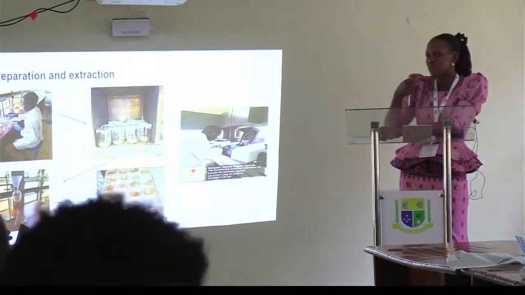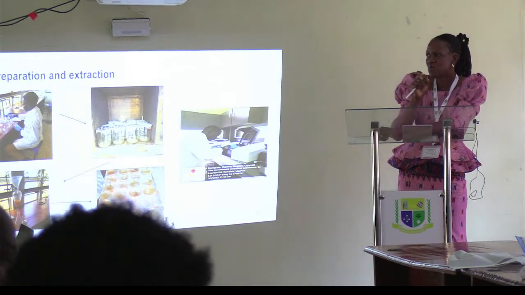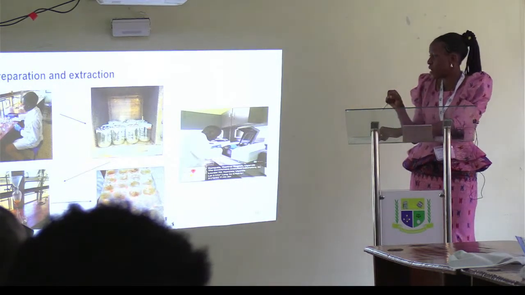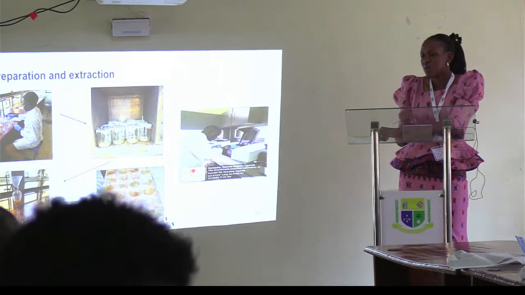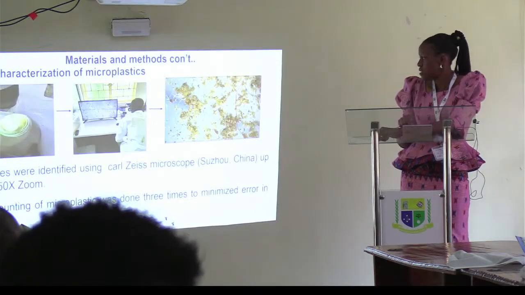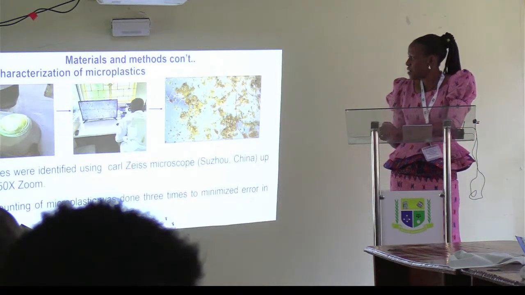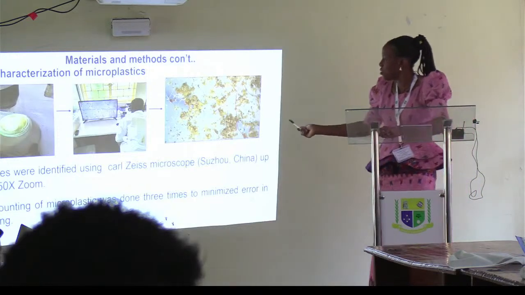Because when you look at it through a microscope, you're not going to tell which type of plastic it is, but at least you can identify that these are plastics or microplastics present within the environment. This is just the characterization for the microscope. This is what you're going to look at.